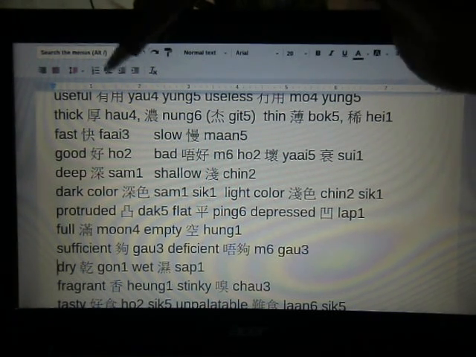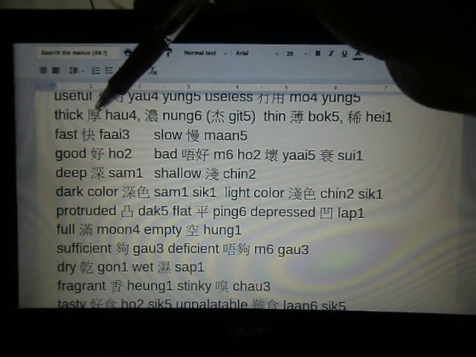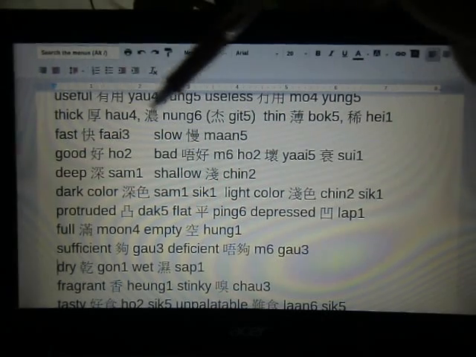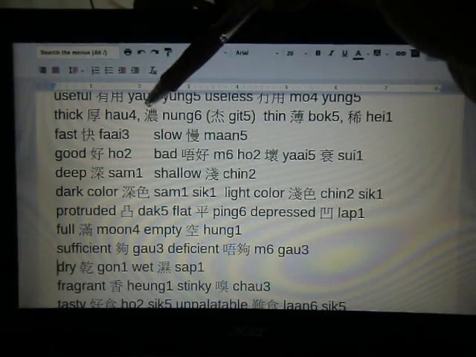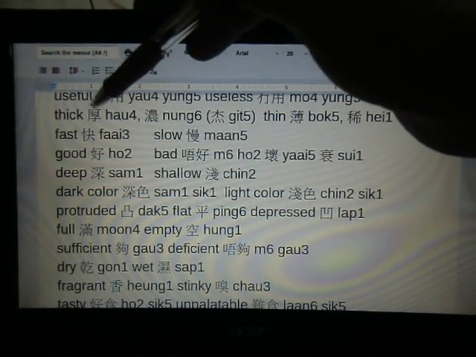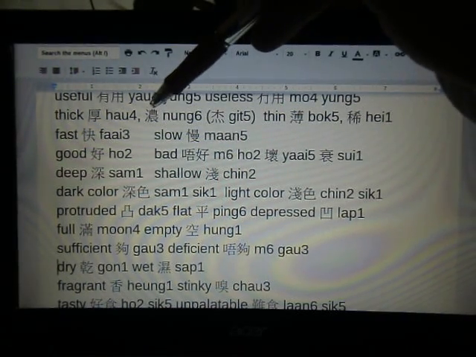So the first meaning is the thickness of the thing. We call it 厚 in Cantonese. And then 濃 for coffee. For example, the coffee is very, very thick because you've added a lot of milk into it. 濃 and 厚. 厚 is the thickness. 濃 is the concentration.